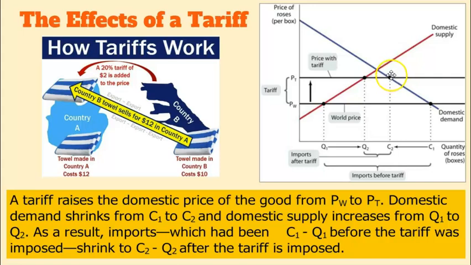With a tax imposed, the price is going to be higher because of the tariff. So it is going to reduce the quantity demanded of domestic demand, but it's also going to increase the amount of domestic supply. It's going to shrink that trade deficit that we talked about. And that can still be bridged with imports, but the idea is there are going to be fewer of them because of the tax.